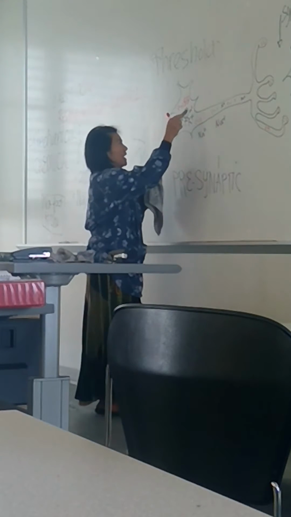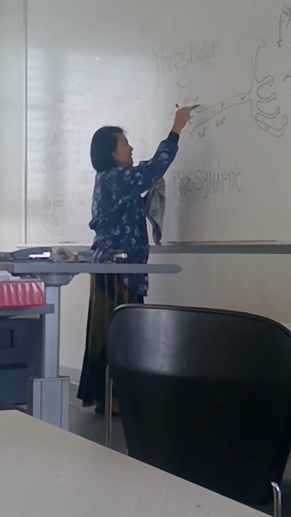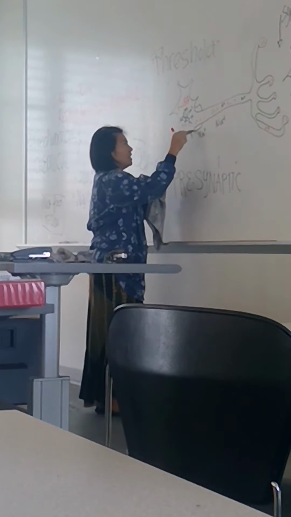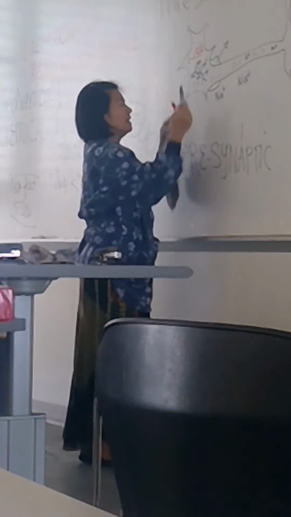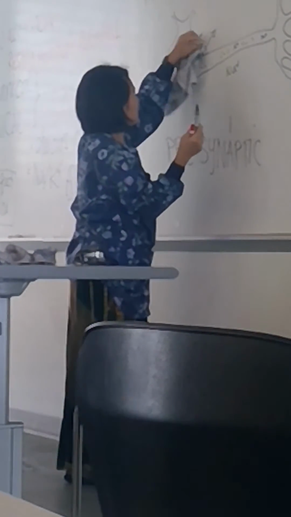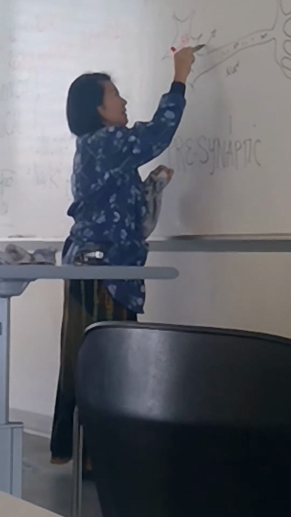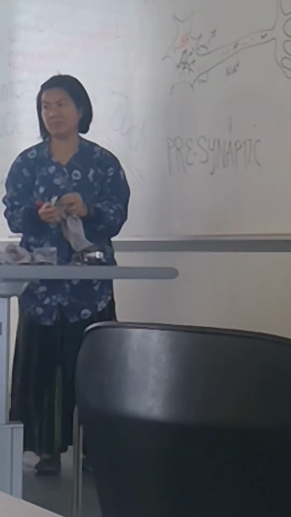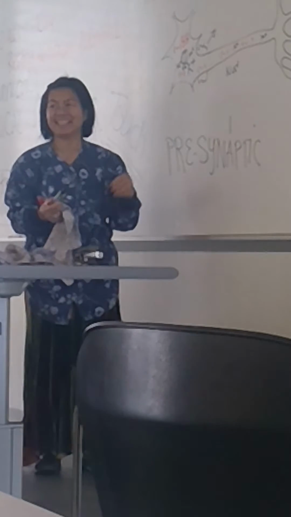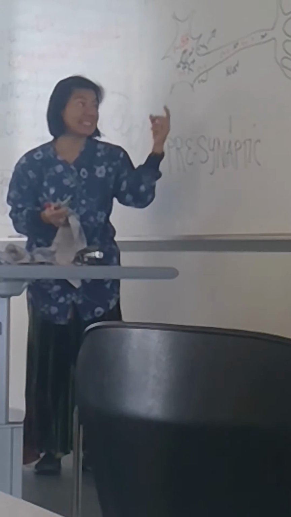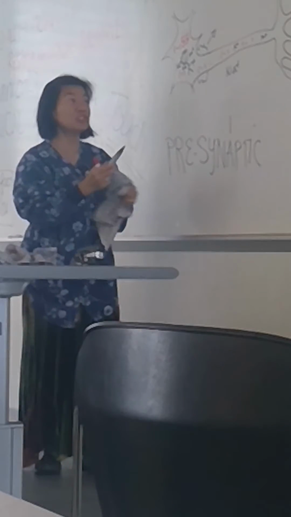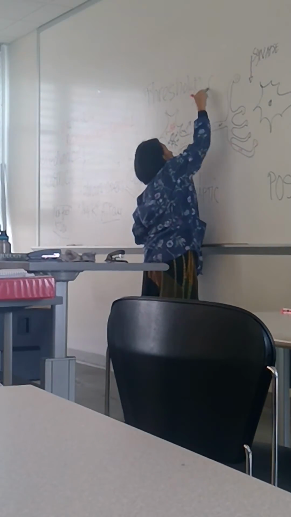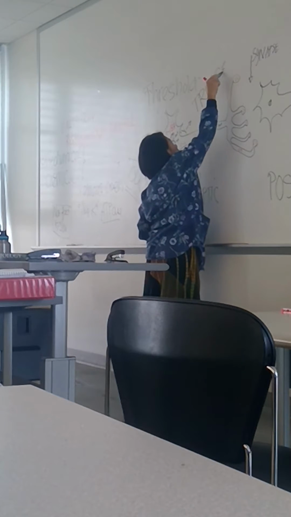And when you hit that minus 55 in this area right here, the first segment of the axon, the first segment of the axon has a name. It's called the initial segment, or the first segment of the axon, also called the trigger zone. Trigger zone.